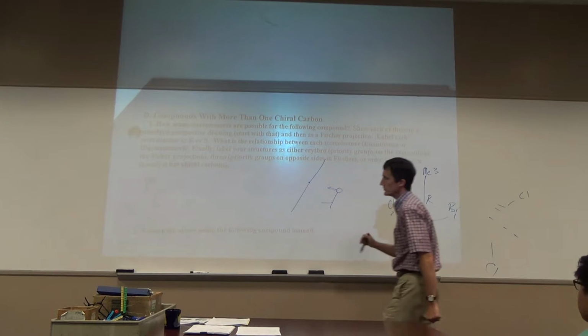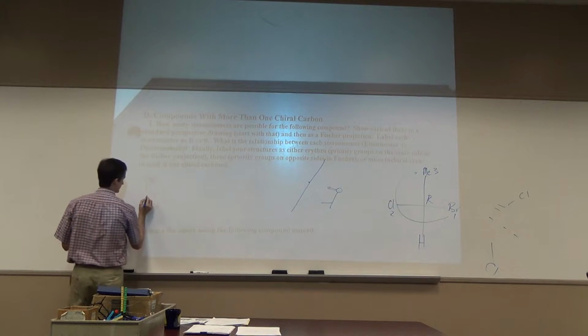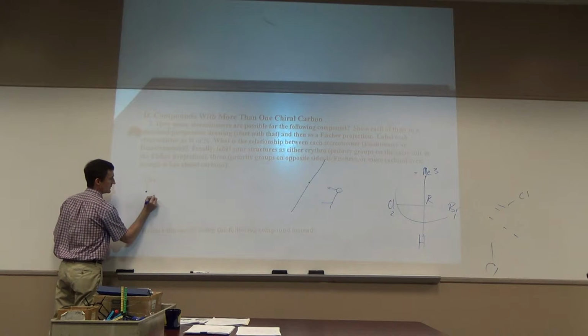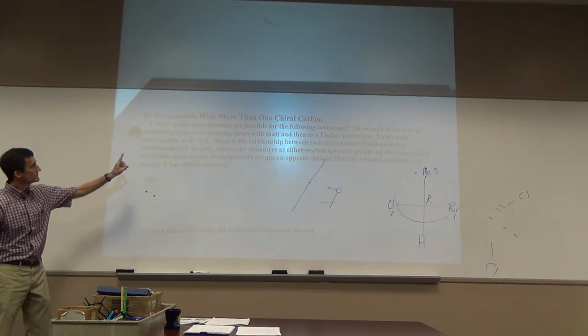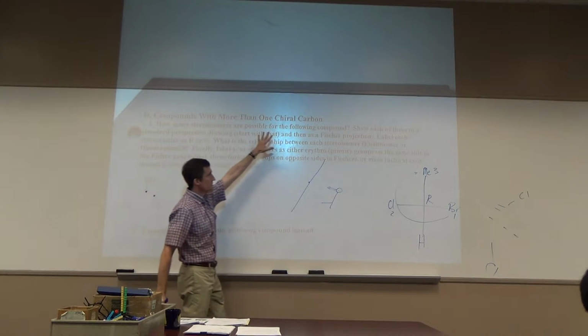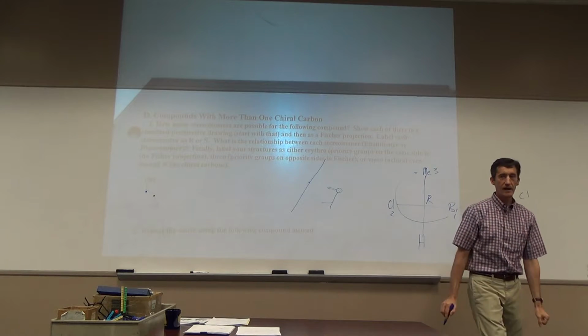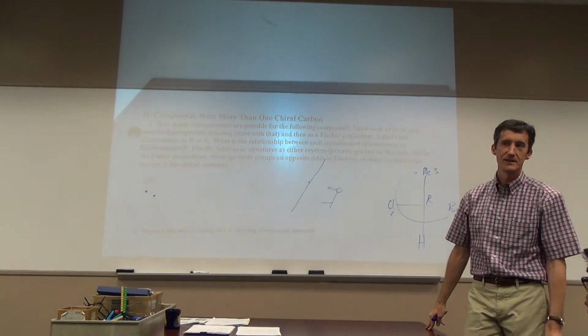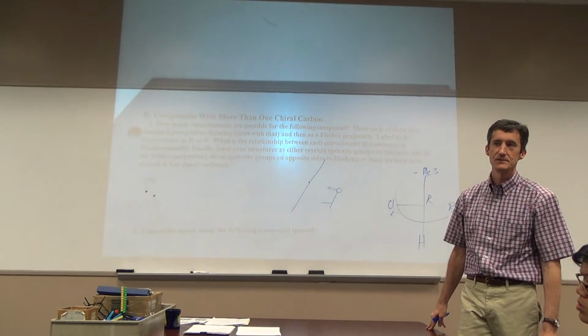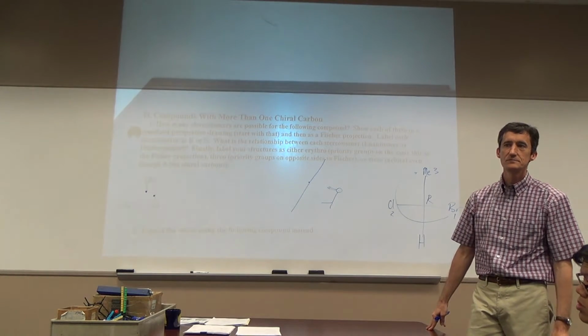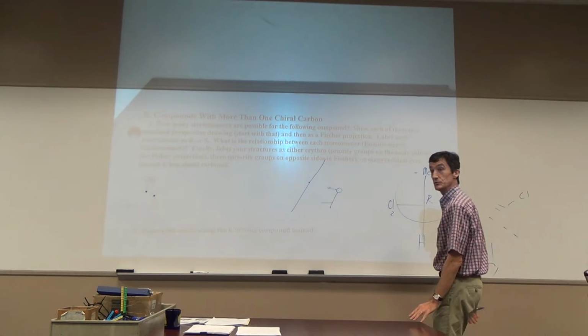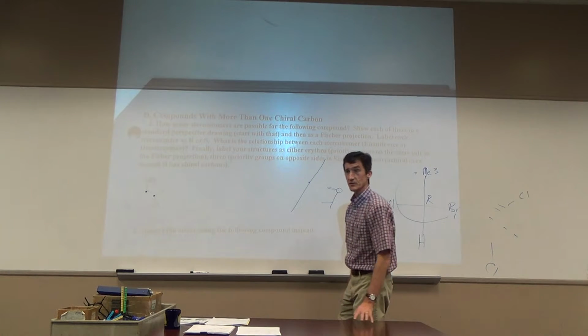Here's one here. How many chiral carbons? 2. How many stereoisomers are possible for this compound? 4. How do you know it's 4? 2 to the power 2. 2 to the nth power? How did you figure that?